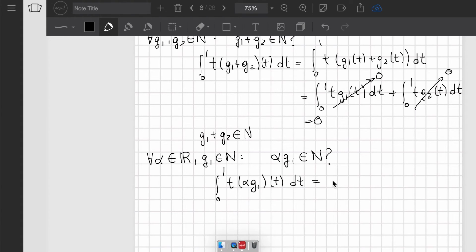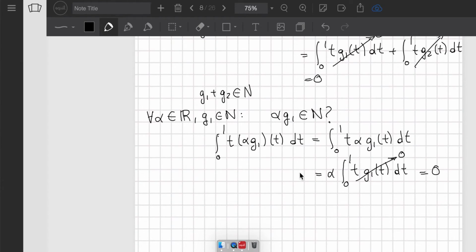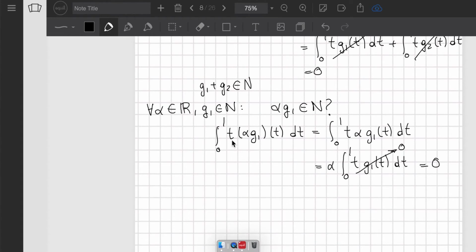Using the properties of real valued functions, this is equal to t times alpha g1(t) dt. And again, using the properties of integrals, we bring the constant alpha out. And because g1 belongs to N, this integral right here is equal to 0, and so this is equal to 0. And the same goes for t to the fourth, you can just substitute it here.